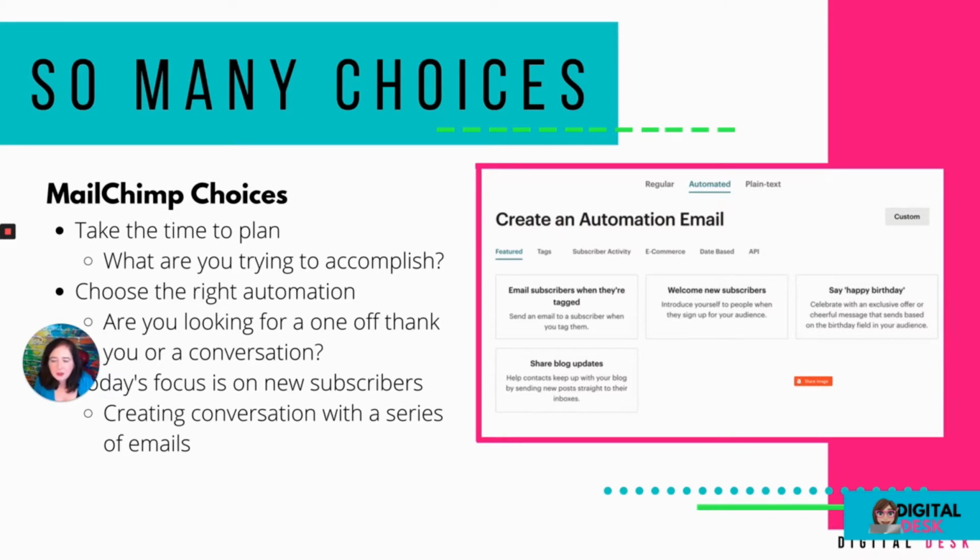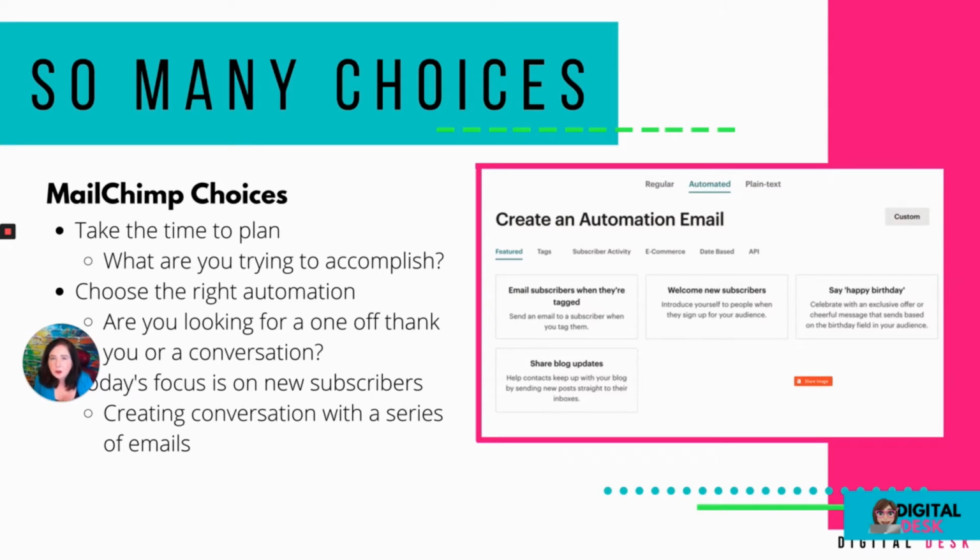Everything I just said: creating conversation. What an automation provides you with is not just, hey, thanks for filling out my form. It provides you the opportunity to create a conversation with someone who is obviously interested in what you have to offer because they've come into your audience because they have opted in. They have self-chosen to be a part of this audience.